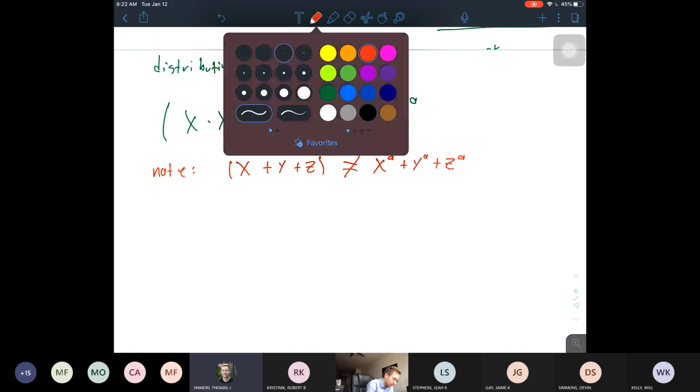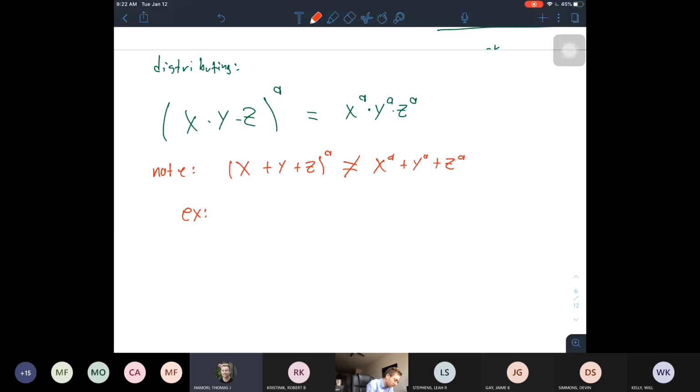And I'll show you why. The example I'll use is x plus 3 squared. Why should this not be equal to x squared plus 3 squared? What should it be equal to instead? There's something I forgot to do.